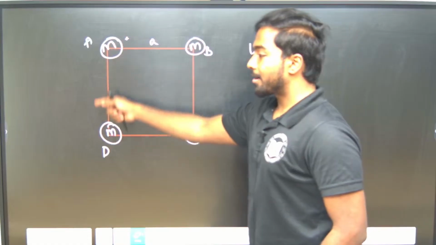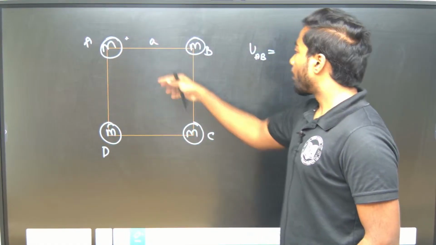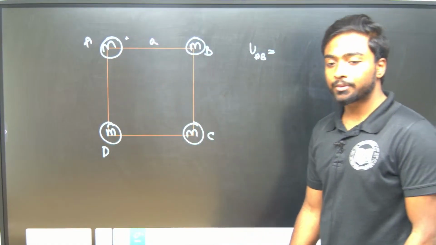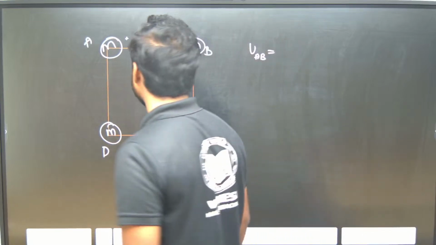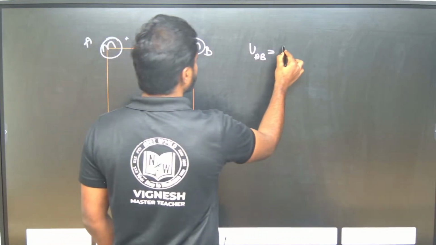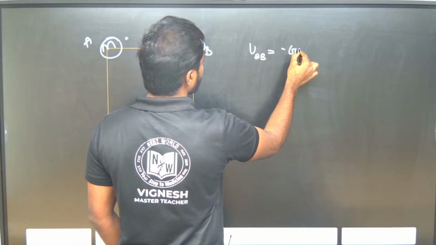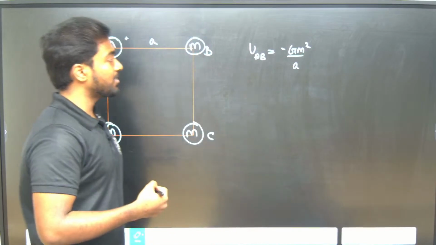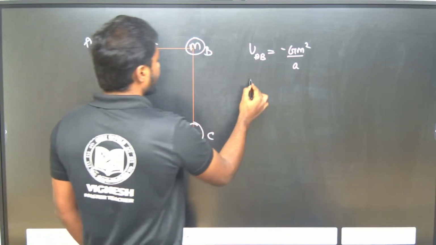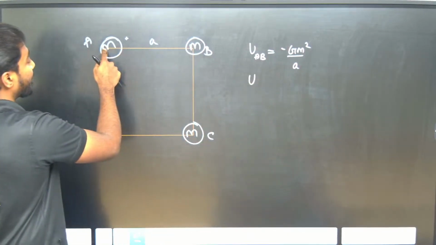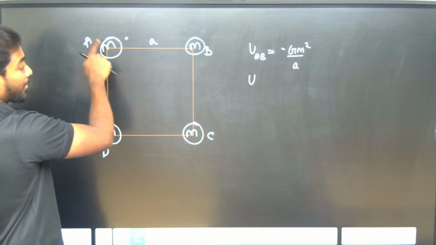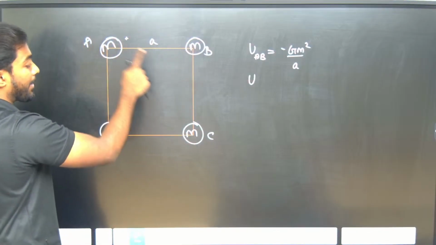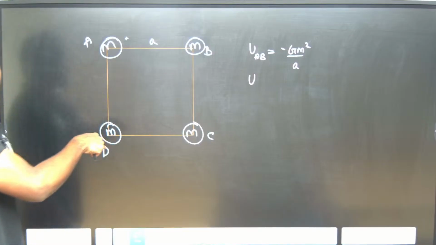What is the potential energy of that system? UAB will be equal to minus Gm square by a. Now A will be acting on B, A will be acting on C, and A will be acting on D also.